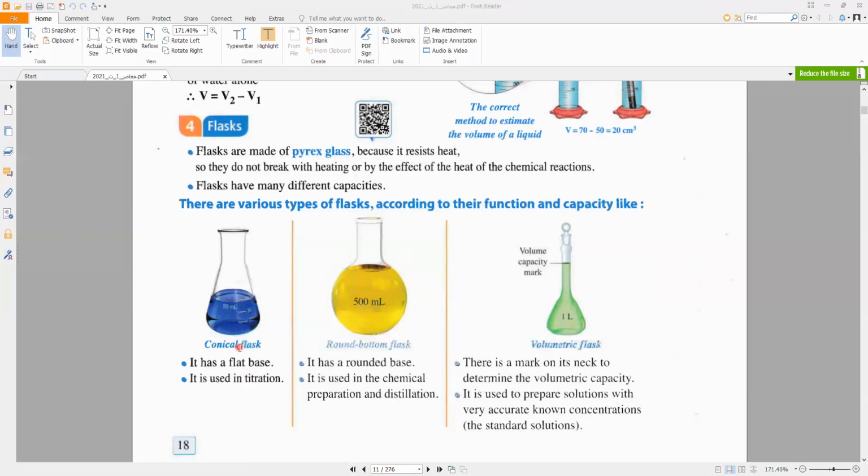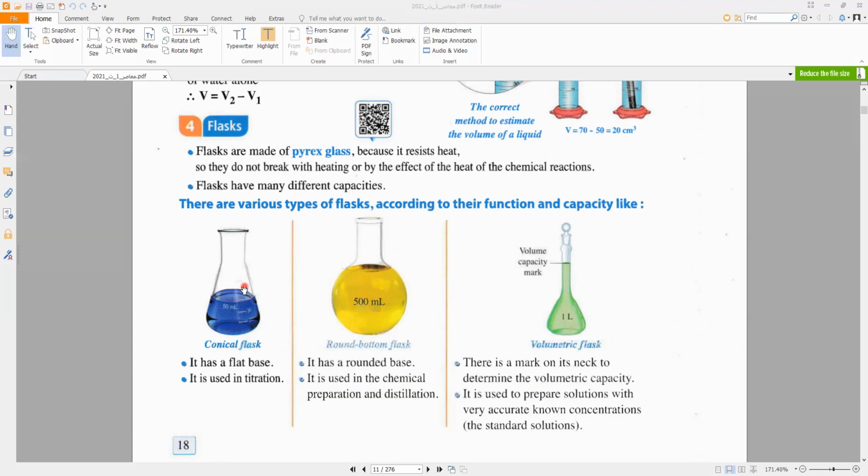Number one, conical flask. Conical flask is used in titration. Titration briefly is a method used to determine the concentration of a solution by using another solution with definite concentration.